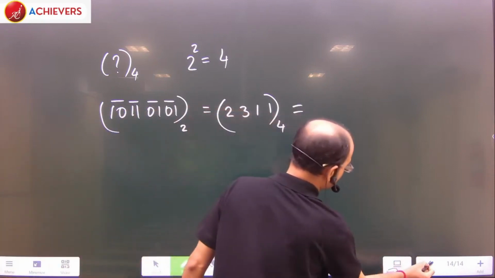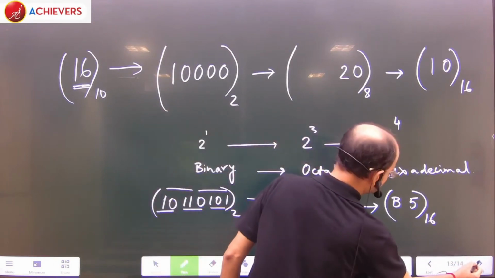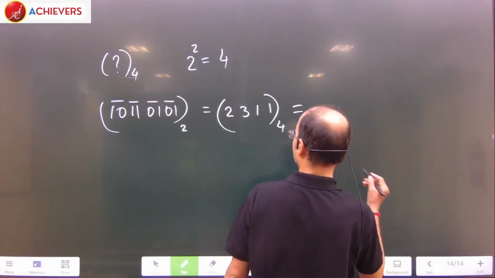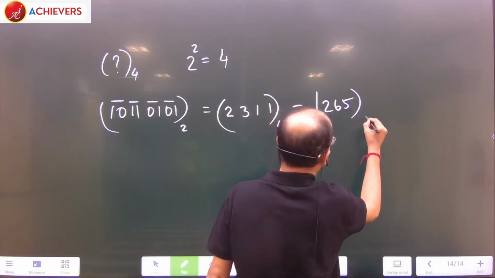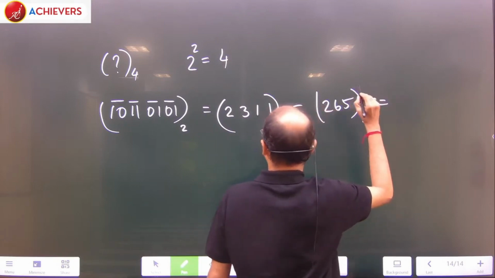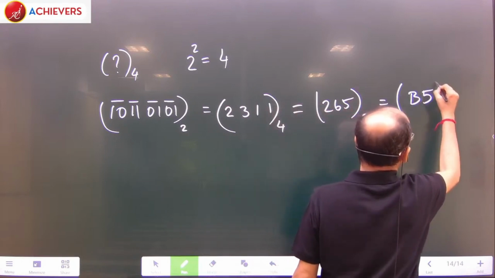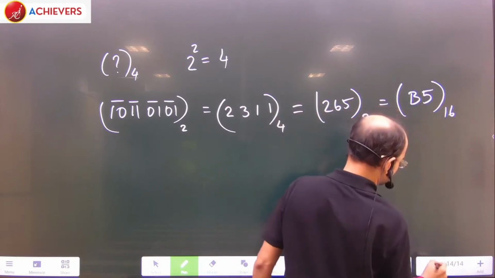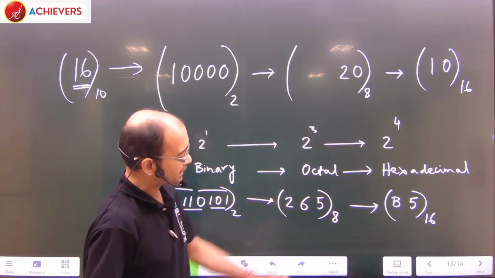So as we saw in the previous 10110101, 265, this we have already evaluated in octal, and in hexadecimal we have already evaluated this based on hexadecimal.